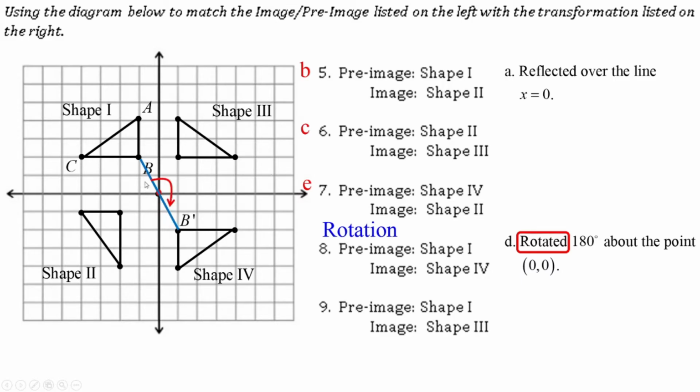All right, so I'm going to picture this clockwise. So it looks to me like we have a rotation of 180 degrees about the point 0, 0, and clockwise or counterclockwise does not matter with 180, and that's why they didn't give you a direction right there. So we are good. The answer to 8 is D.